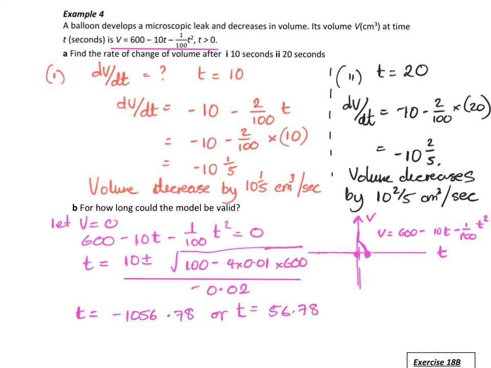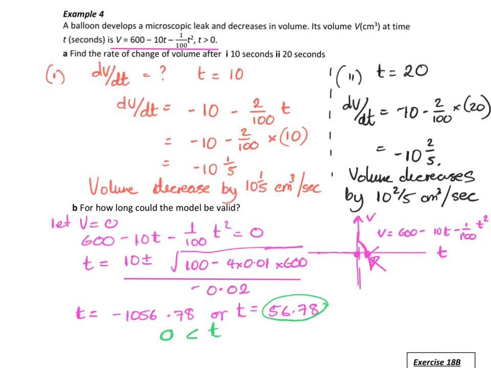Now I've just gone to 2 decimal places there. Obviously, the negative one we don't want, because we know that this model is only going to be valid between 0 and this point here. And we've just worked out what that point is, 56.78. So therefore the model is suitable. It asks for how long would the model be valid. The model would be valid between t is greater than 0.